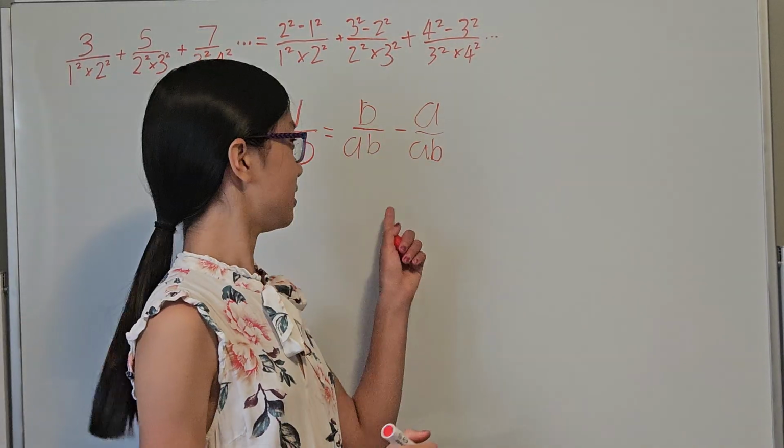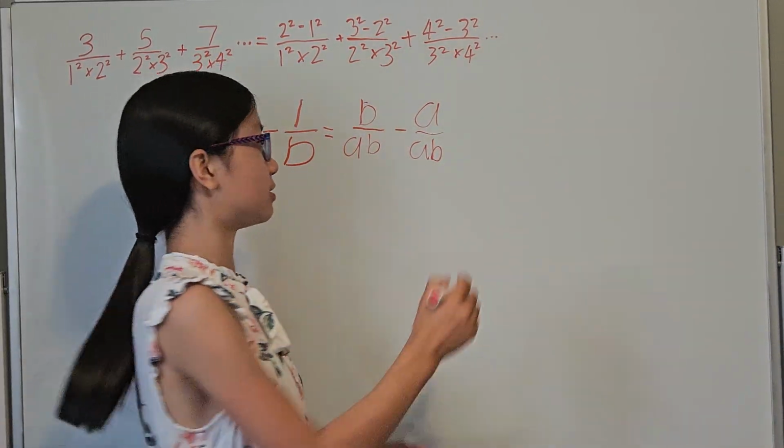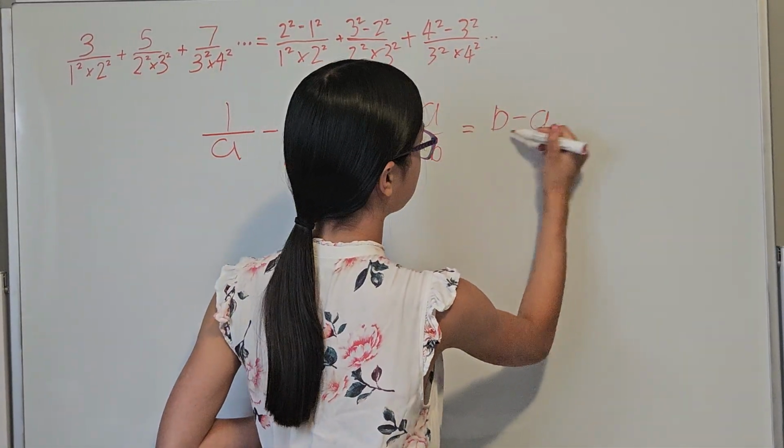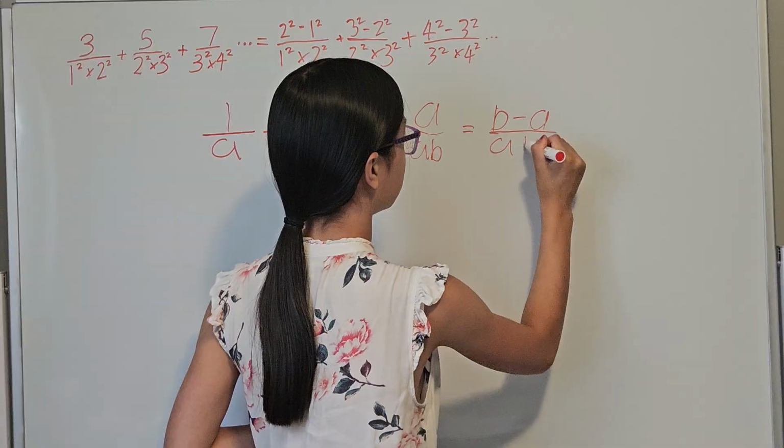So now we have this. We can combine them together to make one fraction, B minus A over AB.